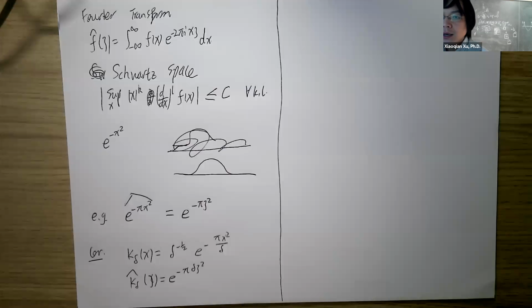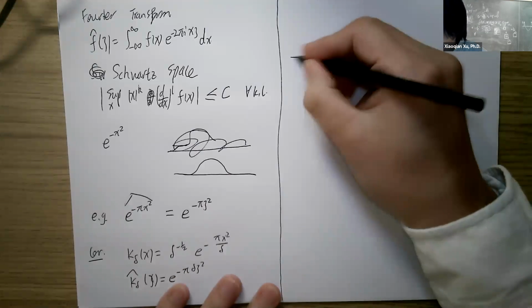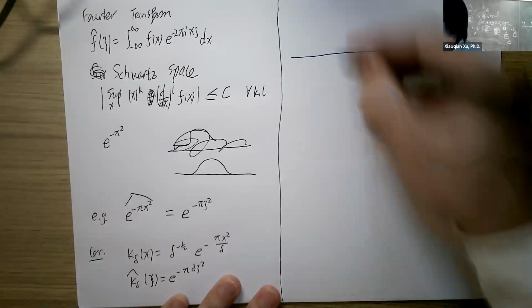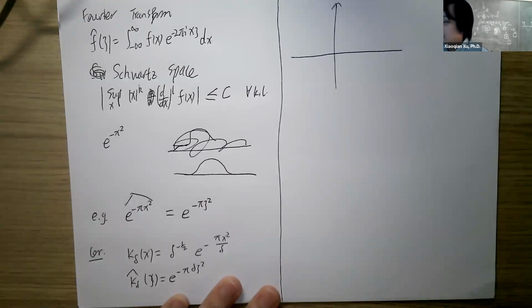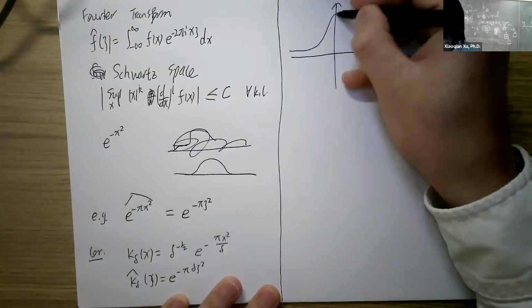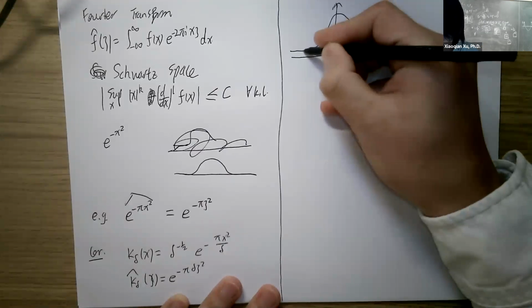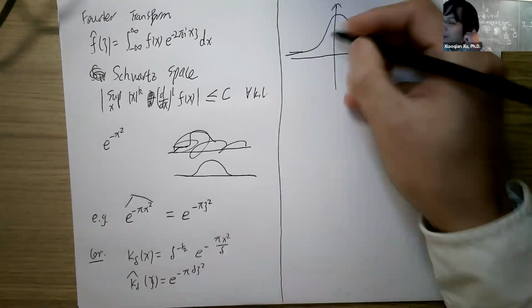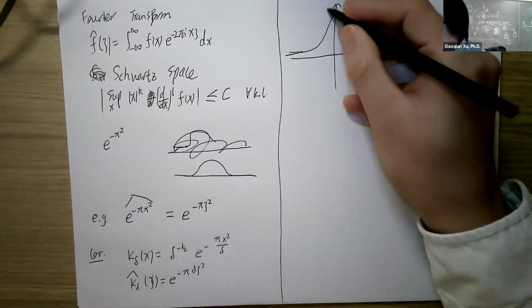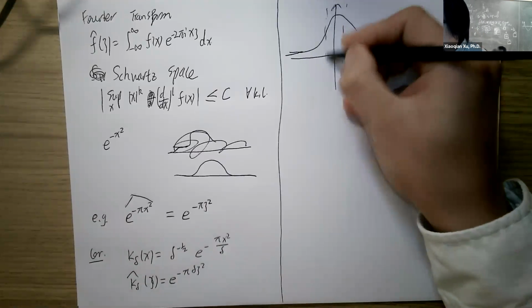The reason we're interested in this special case is that when you see a Gaussian, what kind of function are you looking at? A function that decays very fast and is concentrated somewhere close to zero.